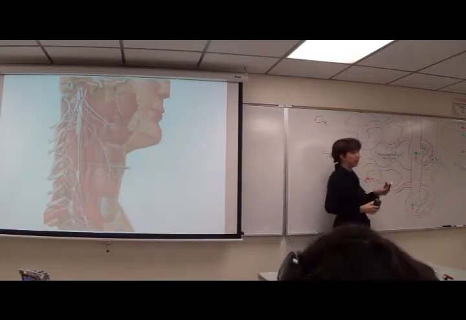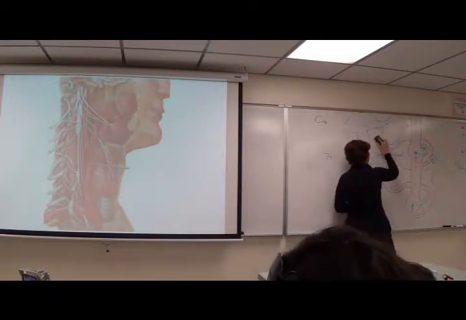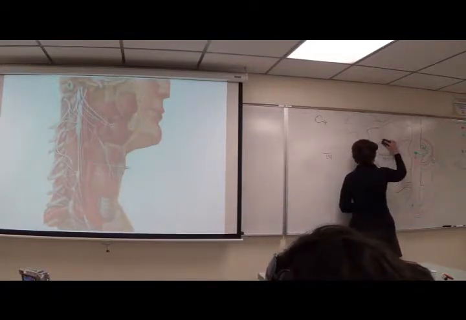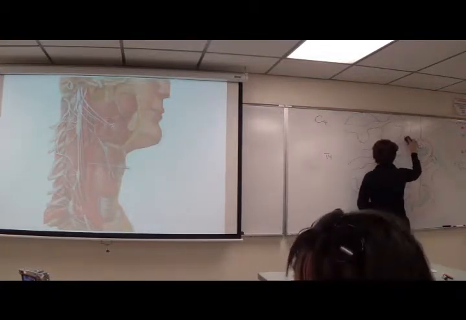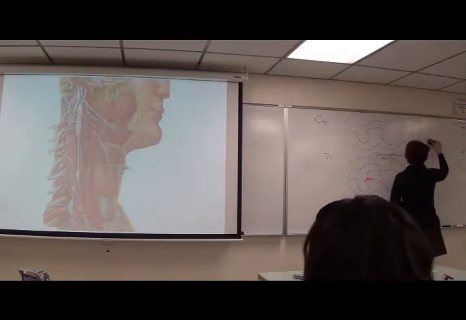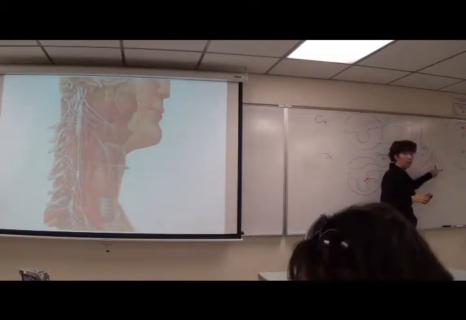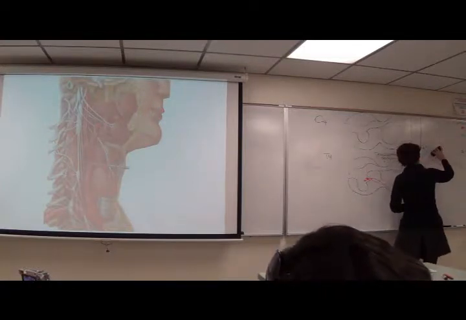The reason there is no lateral gray horn in the cervical spinal cord is because there are no preganglionic neurons, so I have to get rid of this. And because there are no preganglionic neurons, there's no white ramus communicantes. I have to get rid of that.